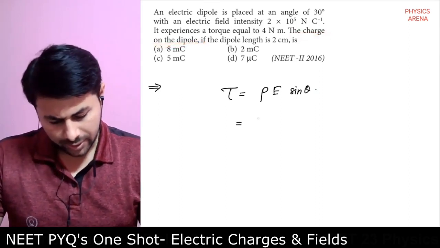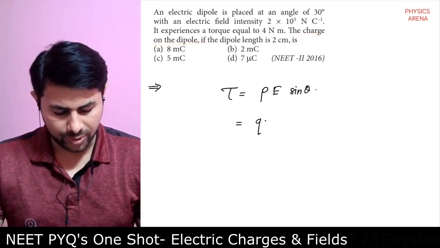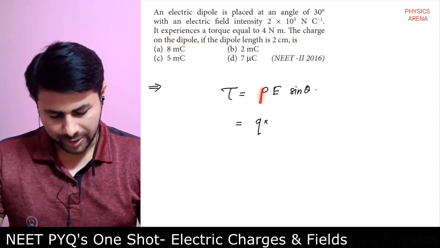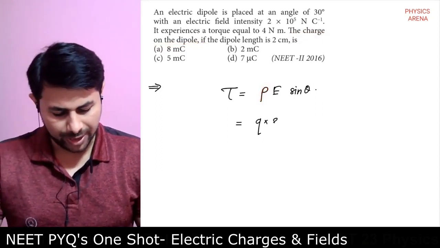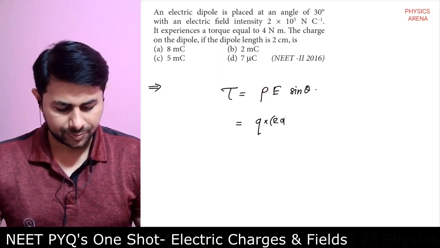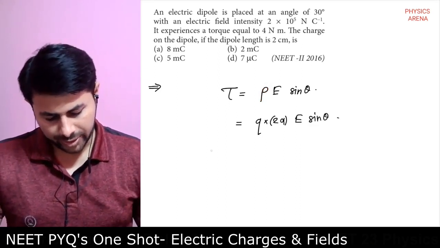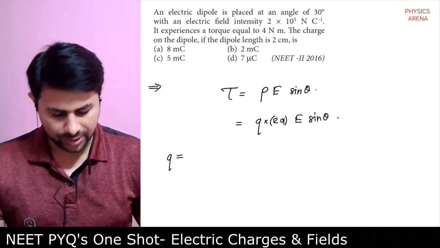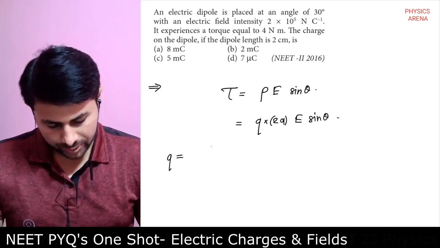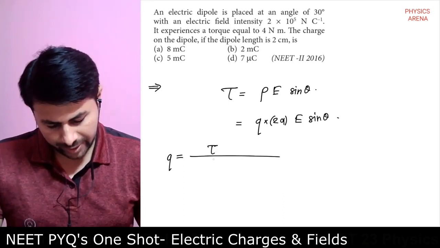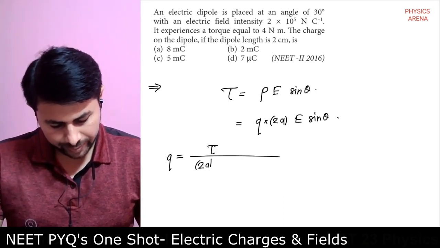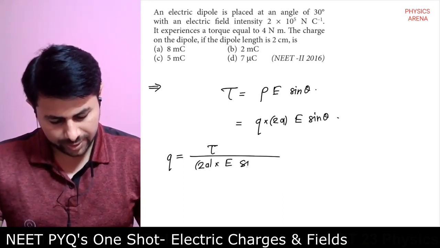Suppose charge is Q. So P is equal to Q multiplied by 2a, into E sine theta, and we want Q, so we'll take all other things on the other side. So it is tau divided by 2a multiplied by E sine theta.